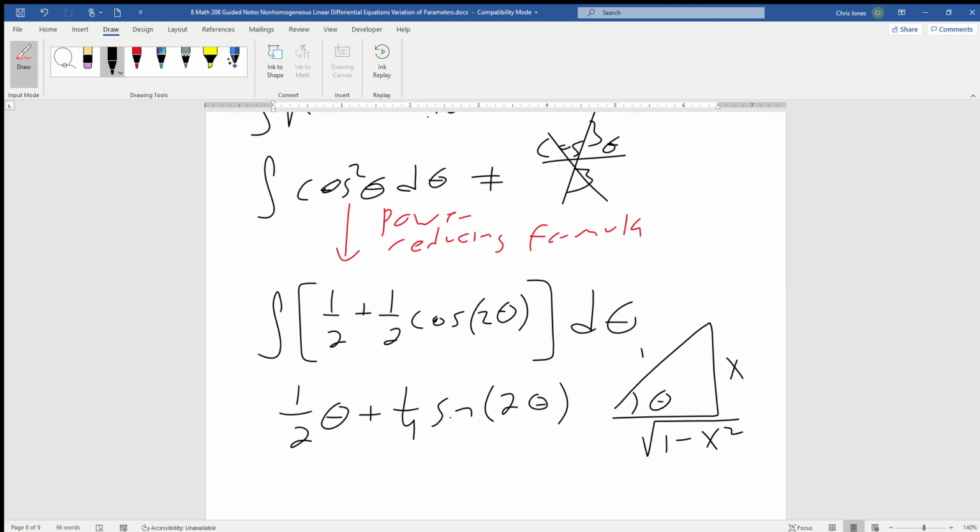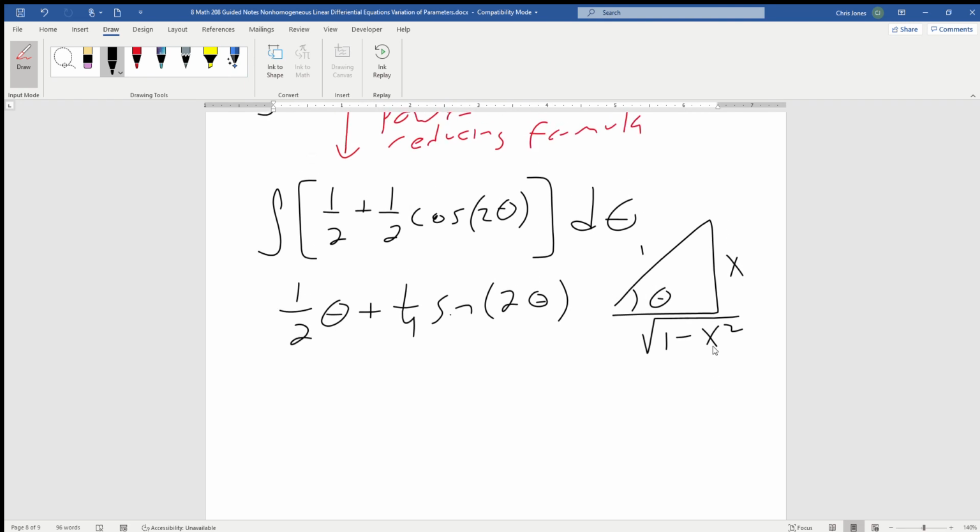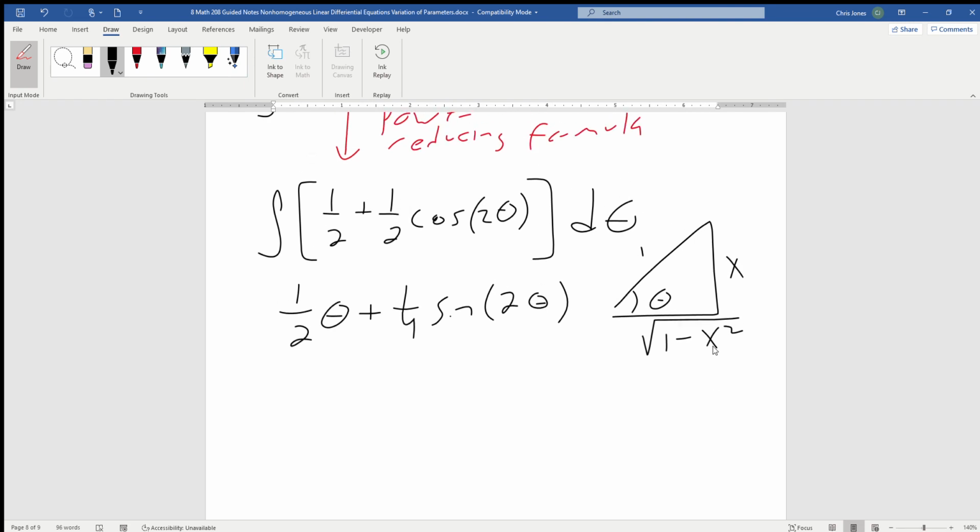We can't substitute yet. And also remember that we had this substitution. We had x equal sine theta, and we also had that arc sine x equals theta. The reason we can't back substitute is because the triangle is only for theta, not 2 theta.